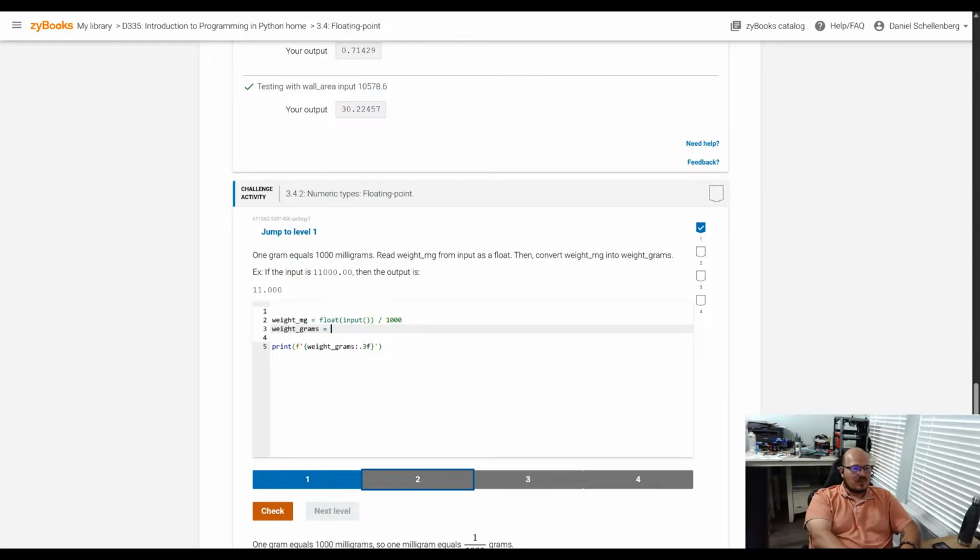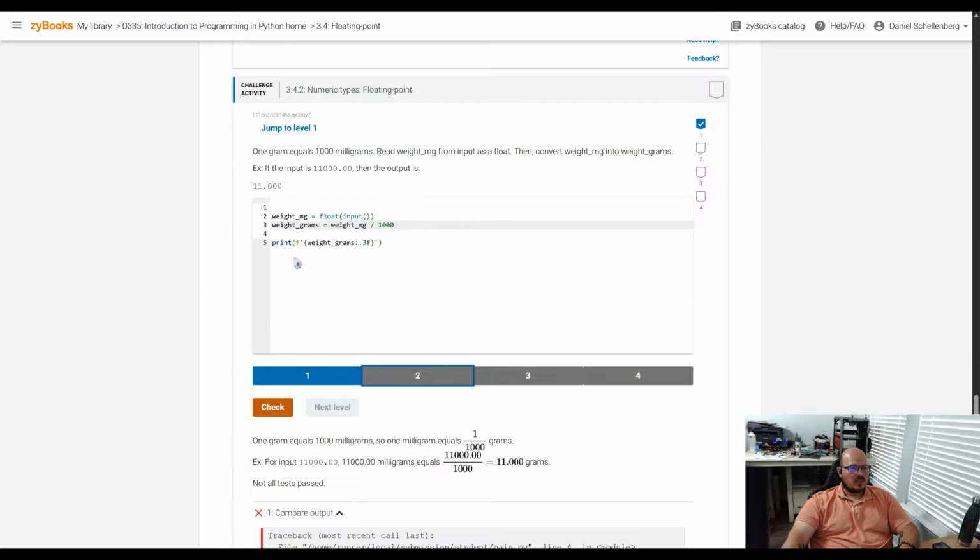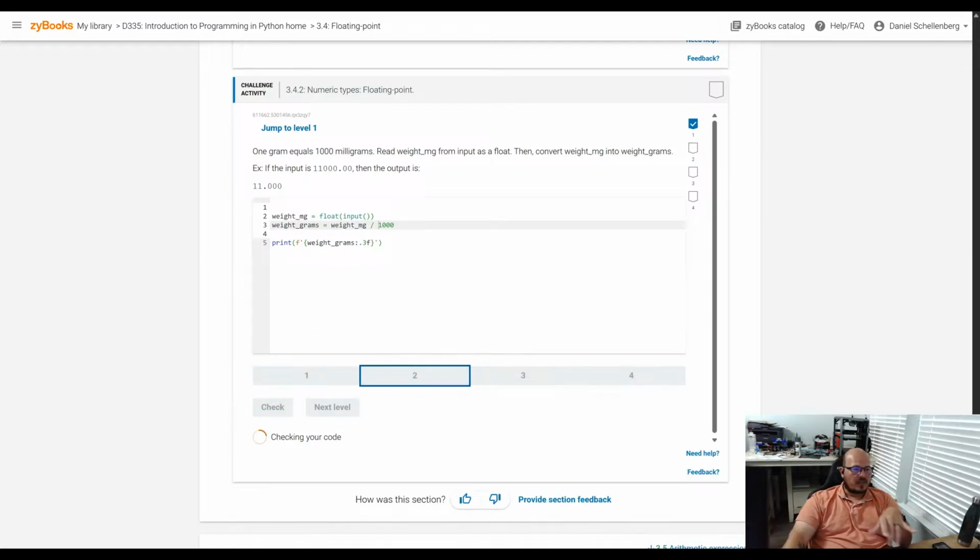So we need to do weight grams is the input of weight milligrams, divided by 1,000. So then it will print it out with 3 decimals. Always make sure you're spelling it right, because that'll mess you up. So that should be correct now.